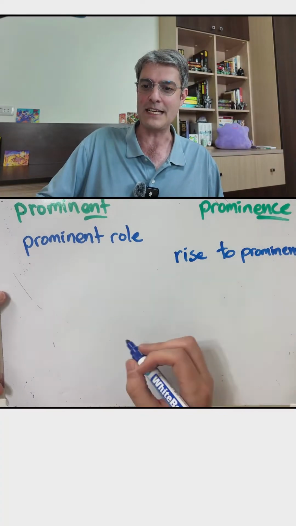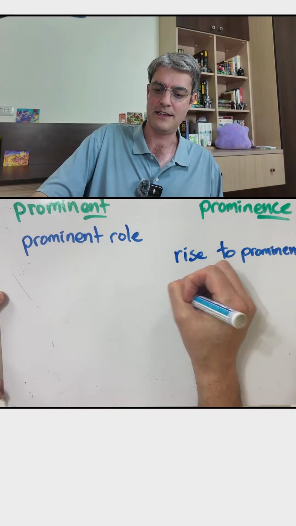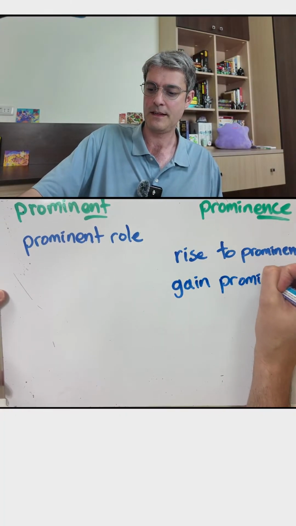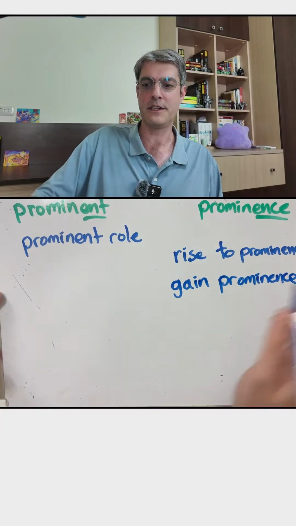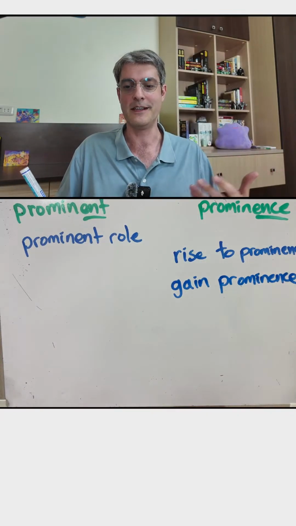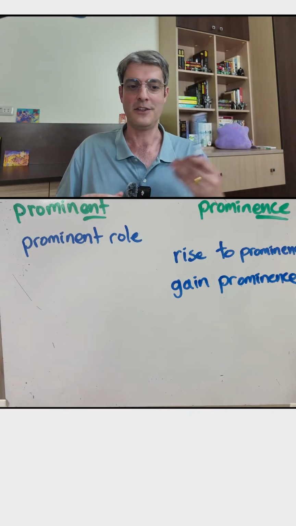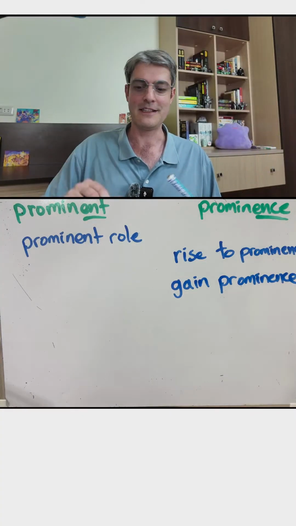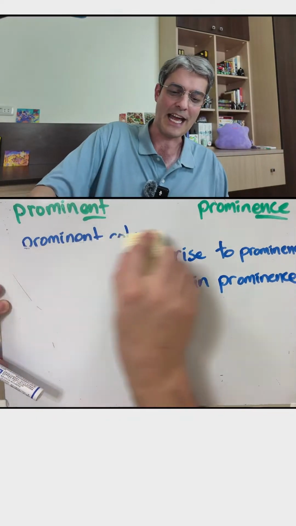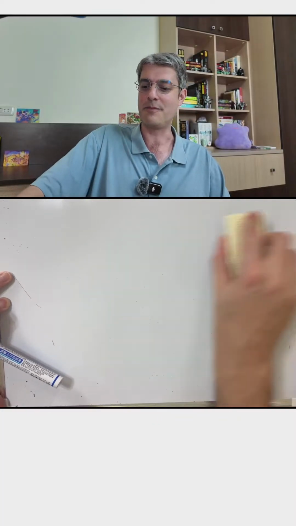And in addition to rise to prominence, we can say somebody gains prominence. And this is similar, to become widely noticeable or important and recognized over time, you gain prominence. So this is our prominent and prominence adjective and noun pair. Not too many collocations for that one.